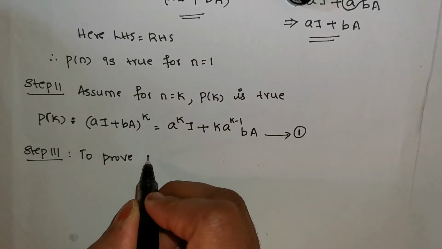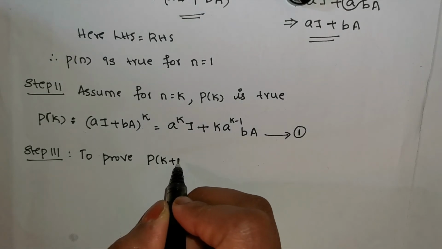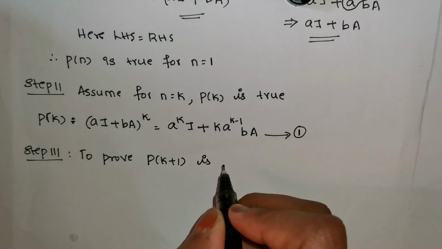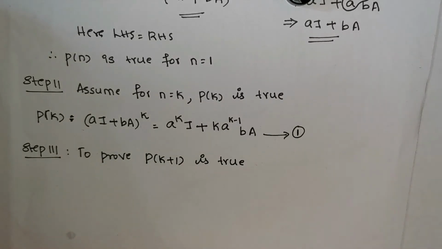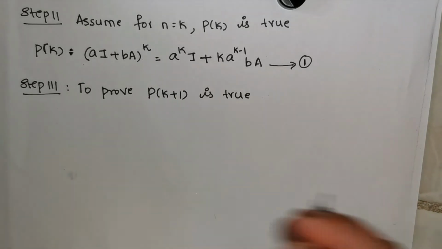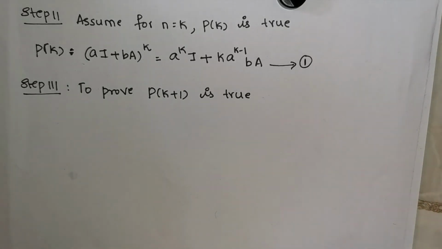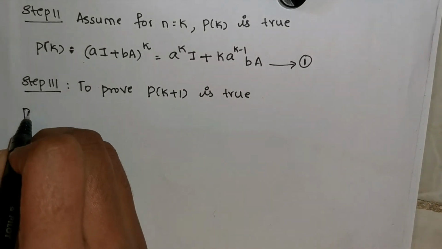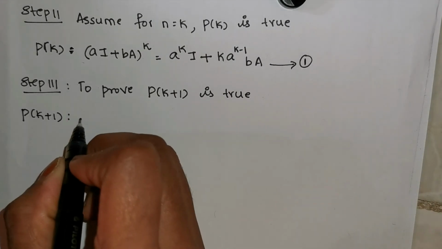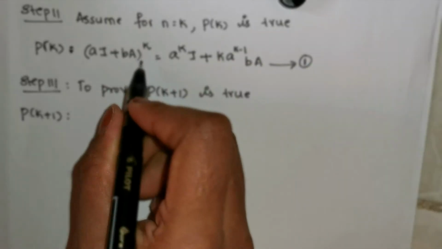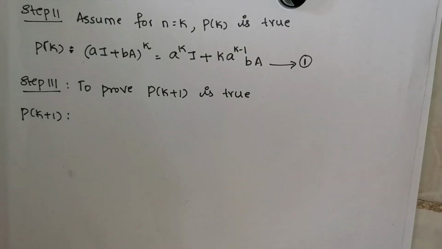So I am going to write everything in terms of P of k plus 1. P of k plus 1 means, instead of k, we have to write k plus 1, right?